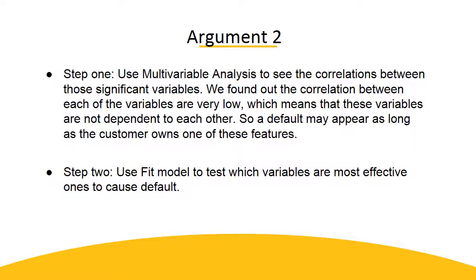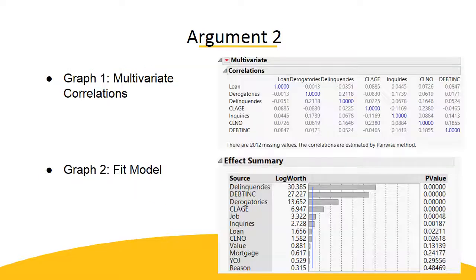And our second step is using fit model to test which variables are the most effective ones to cause default. Here is our process. First, we use multivariate correlations in JMP, and we found the correlations between these significant factors. As you can see in the picture, the numbers are very low, so it means the significant factors are not related to each other.